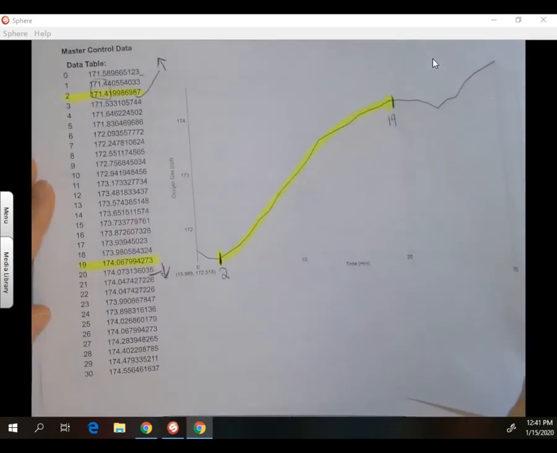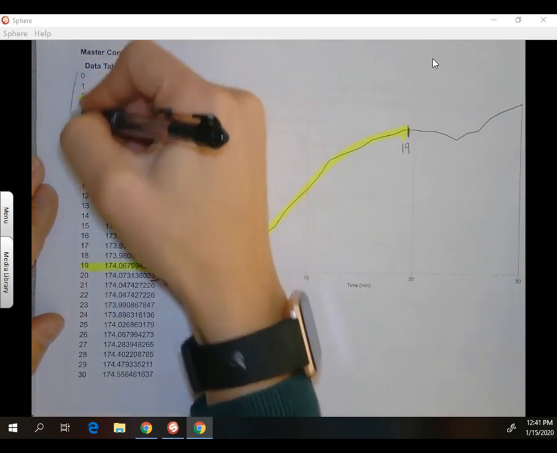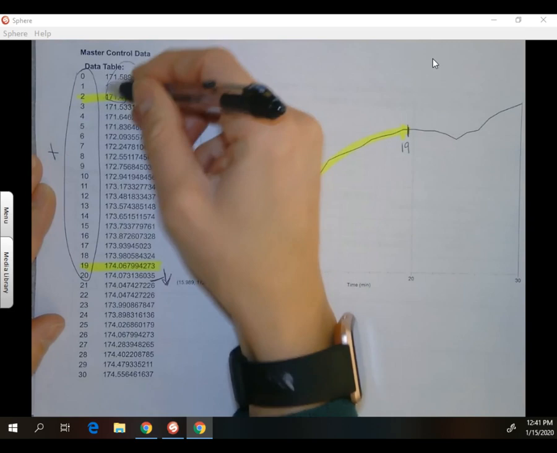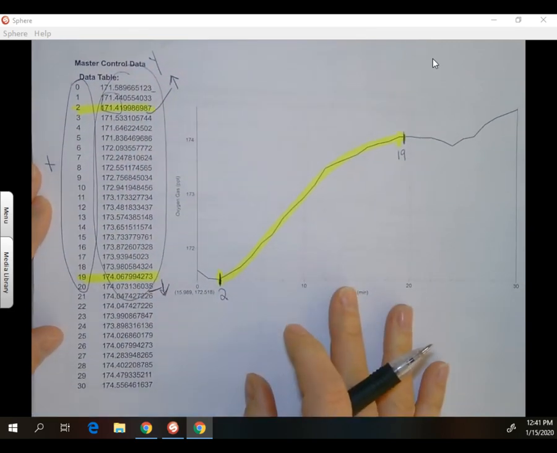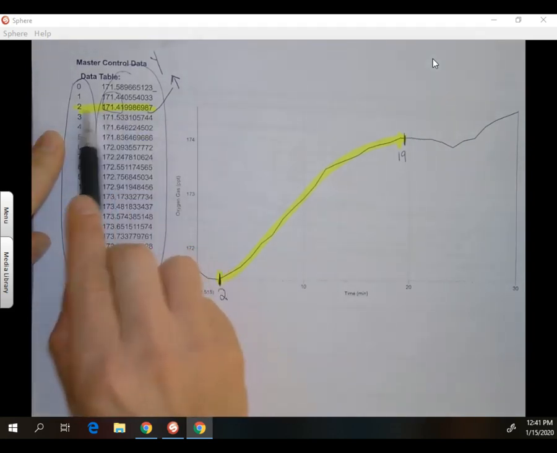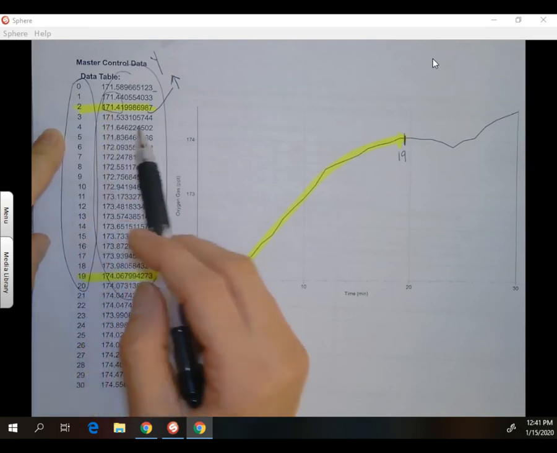So I'm pulling my data back over. I want to remind you guys that these values right here, these are our x values, and these values over here, these are our y values. Okay. Minute 2, this is y1 and x1.